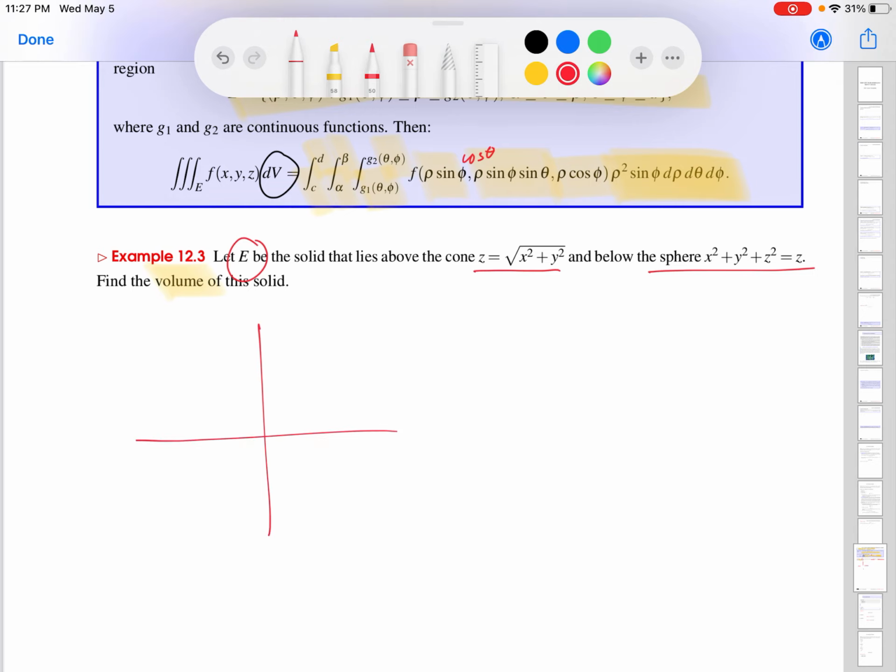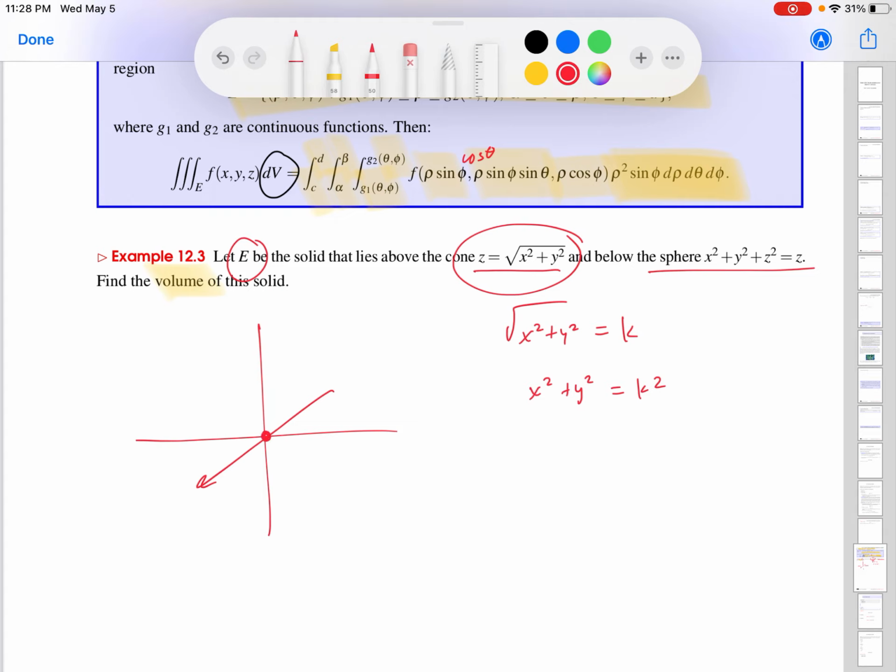So this is a cone. So why is it a cone? Well, if I look at the level curves of this function, let's say z equals k, I get x squared plus y squared equals k squared. So those are equations of circles. If k is 0, in other words z is 0, then I get x squared plus y squared equals 0. The only solution for real values is 0, 0.